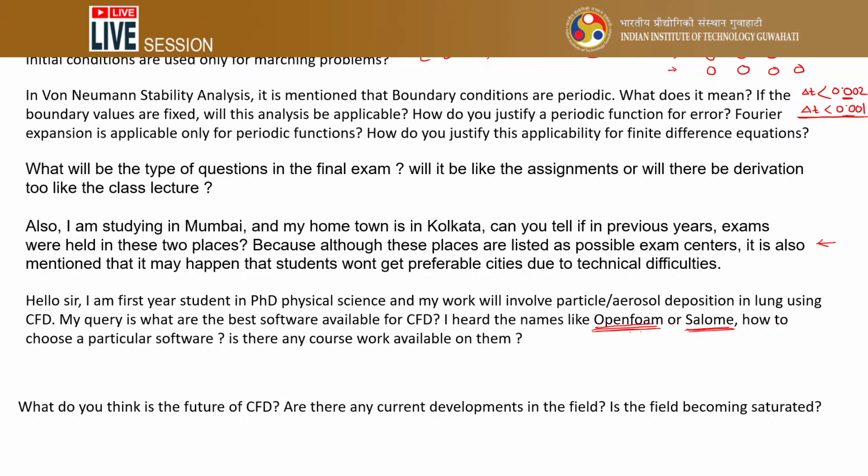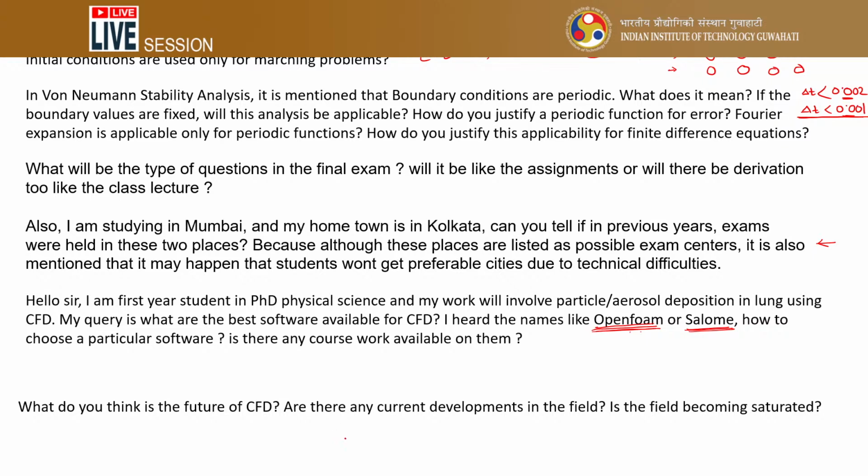Now in CFD there are many advancements in solving multi-physics problems, and also very complicated industrial problems. So we cannot say that it is already saturated. In addition, from CFD data you can now use machine learning to solve some problems. So now there are many applications of machine learning in CFD.